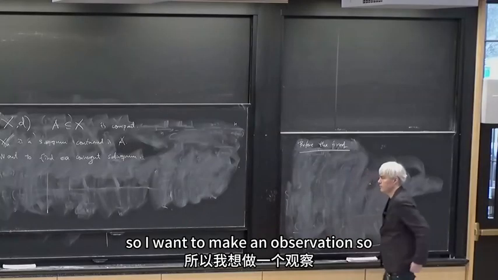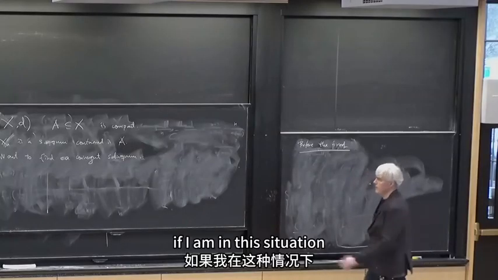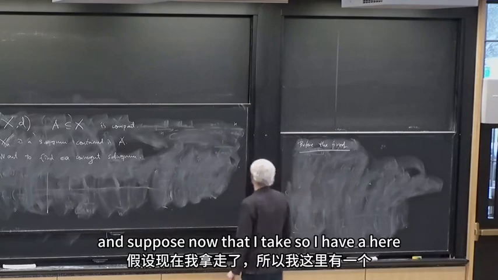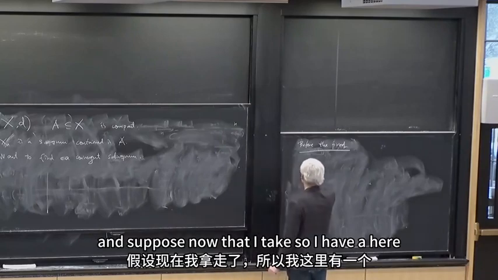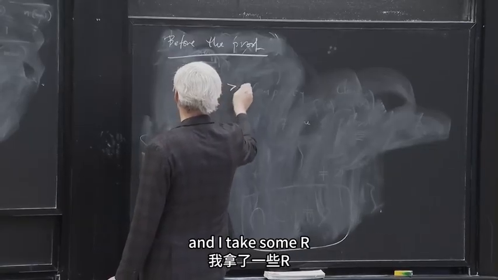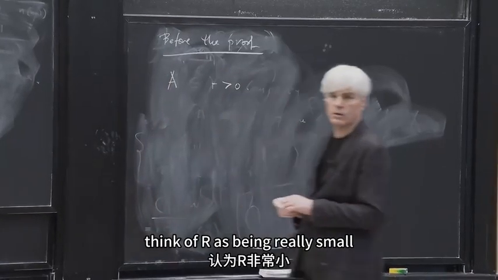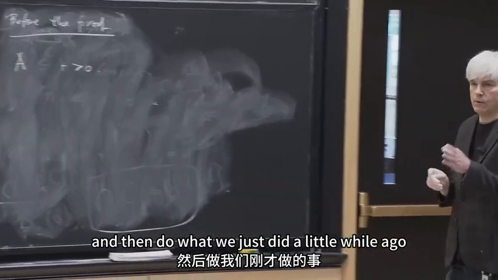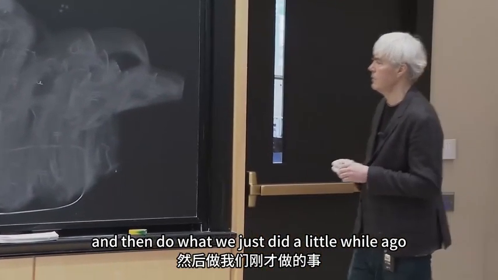So I want to make an observation. Suppose I have A here, and I take some R, think of R as being really small, and then do what we just did a little while ago.